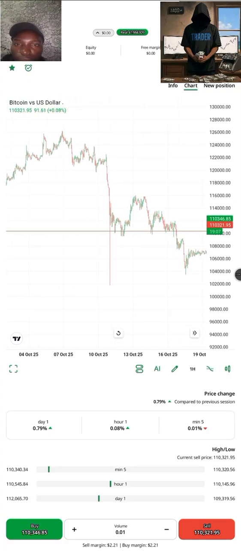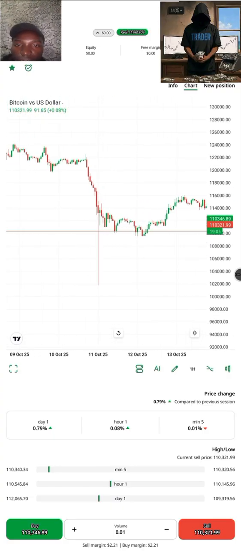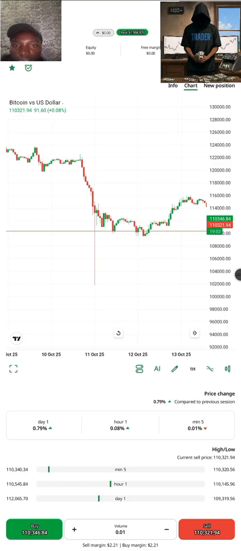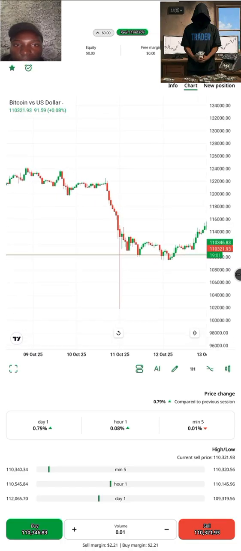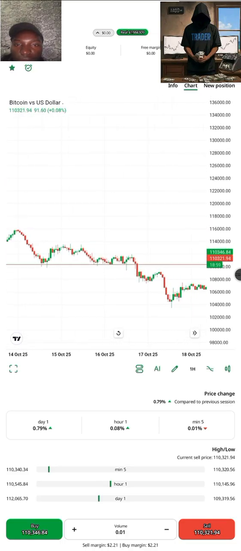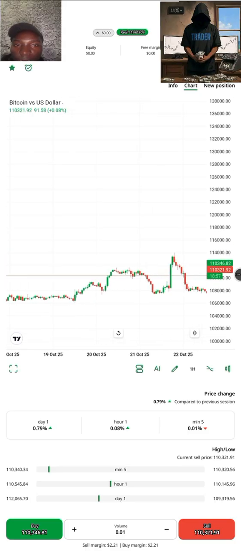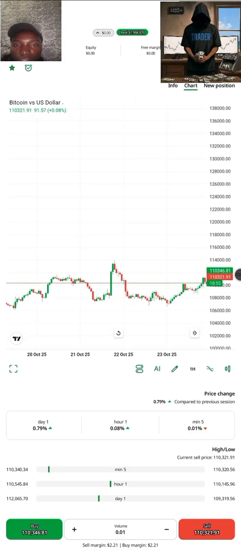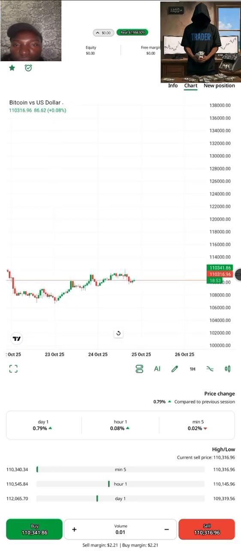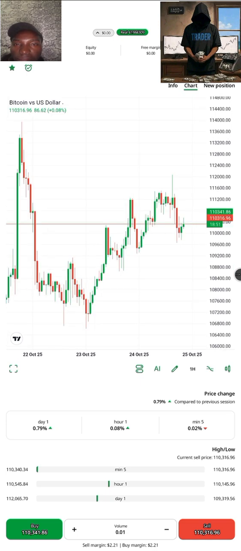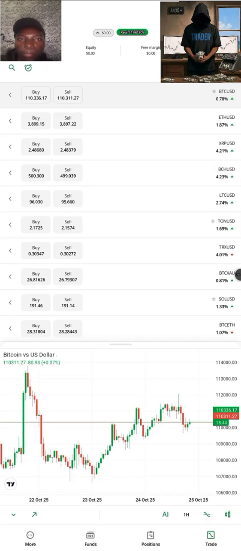And now Bitcoin has fallen because the US dollar doesn't have that power. If you look back there, it was a very big downtrend, but it somehow consolidated.